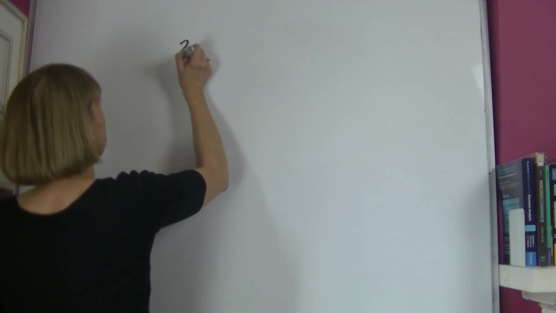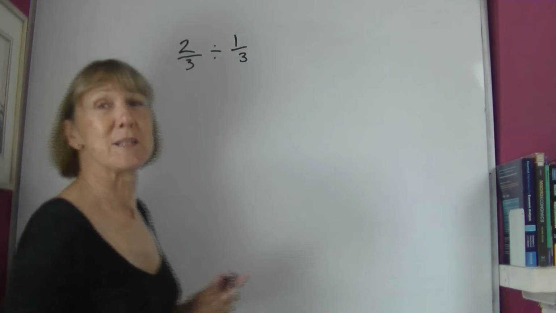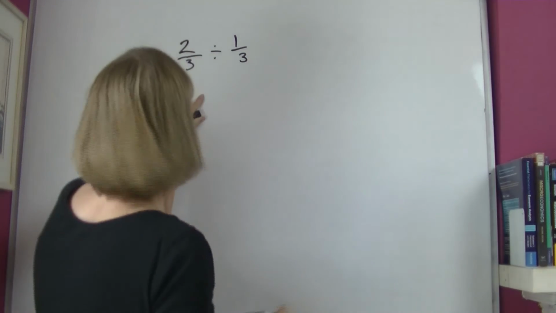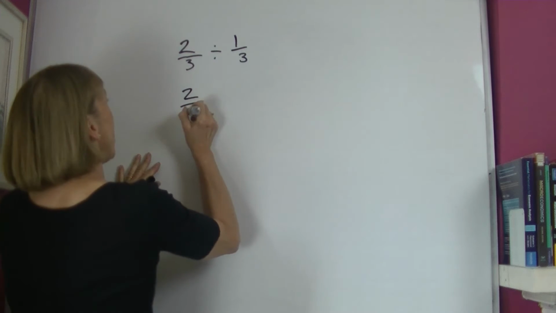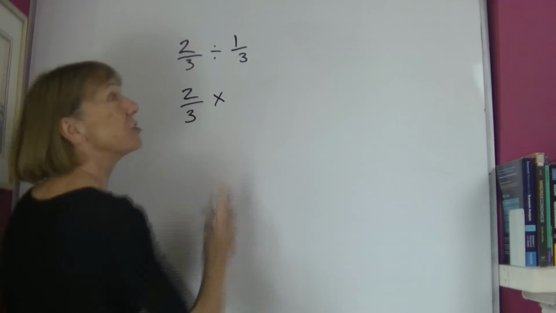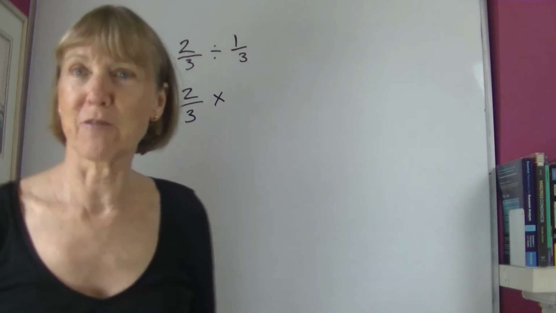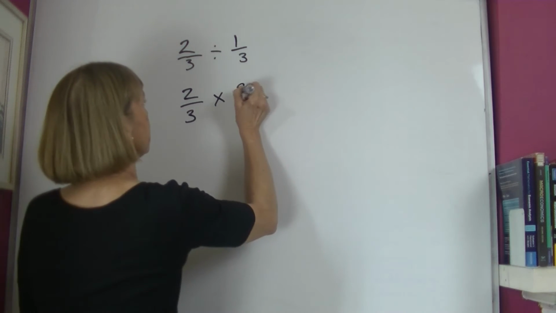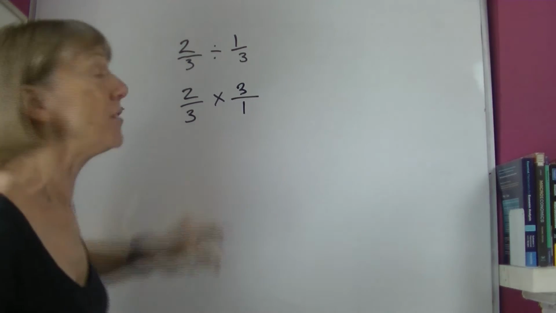Okay, how about division? That's not difficult either. What if we want to divide? Oh, there's me using that symbol I said we wouldn't use. What if we want to divide 2/3 by 1/3? Well, we can make that into a multiplication task simply by turning the second fraction upside down. So that will give us the same answer as that.